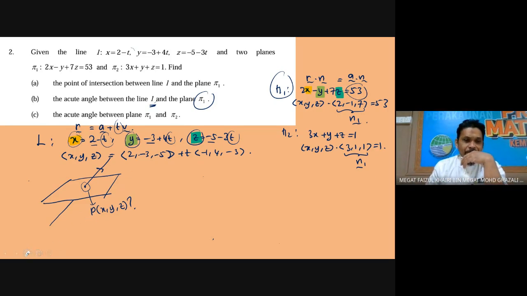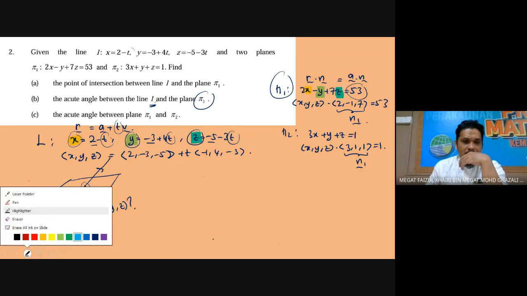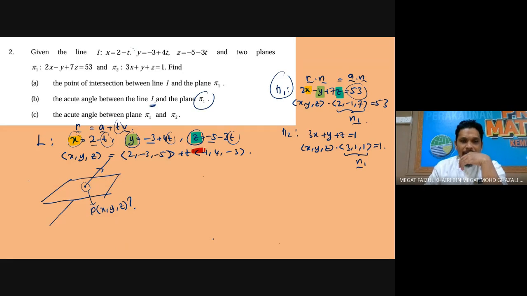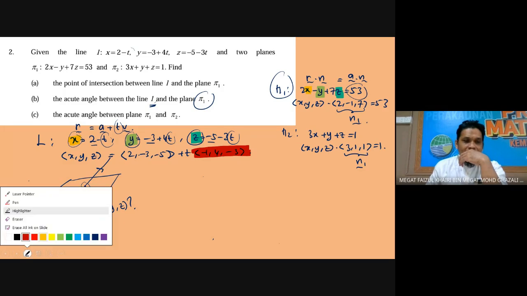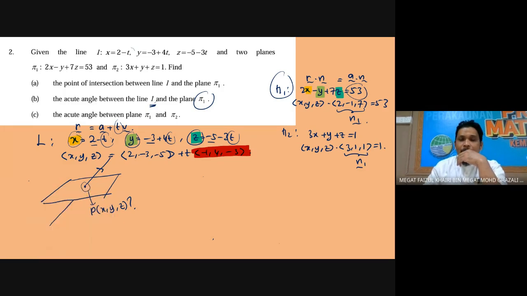Okay, so now, this is our reference for the line. And what is our reference for the plane? Class, what is the reference in the plane?